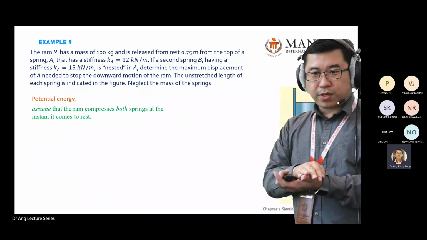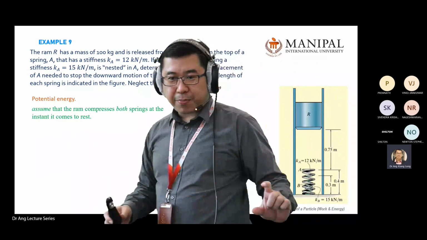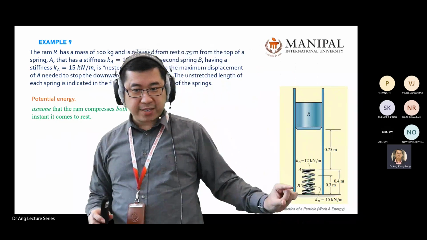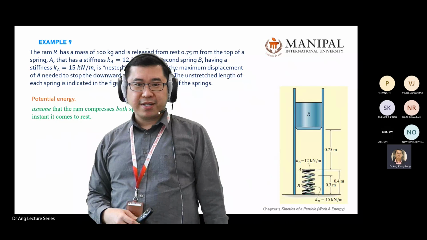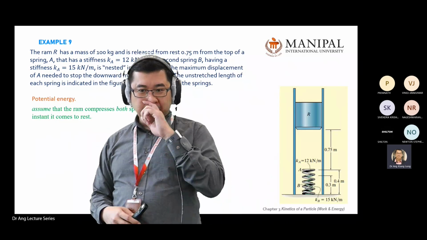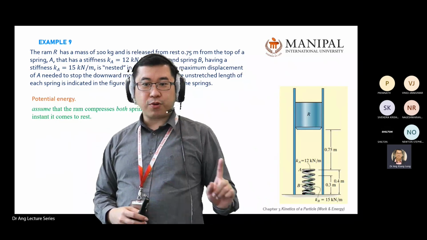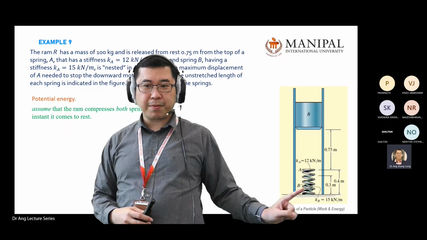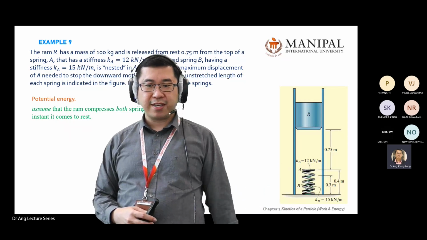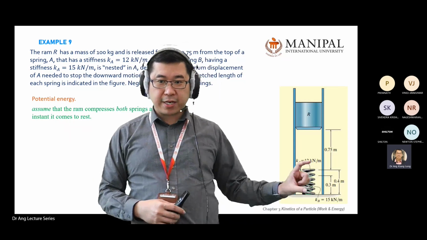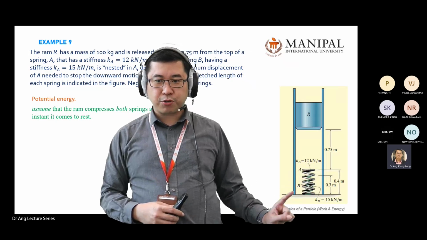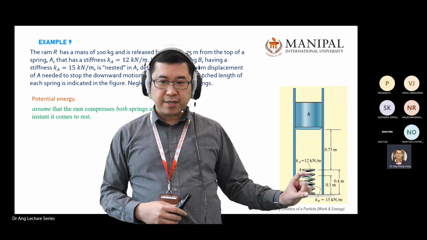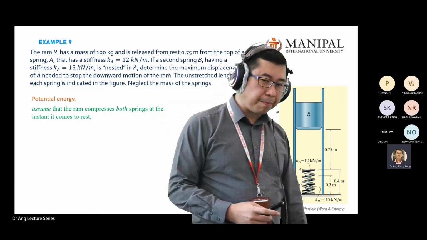A will be compressed, B will also compress, both springs will contribute to the stopping power. Okay, you need to have this assumption before you start. If not, you'll miss the function of B inside there. Although A is a bit longer than B, you need to consider the contribution of spring B in the stopping power.